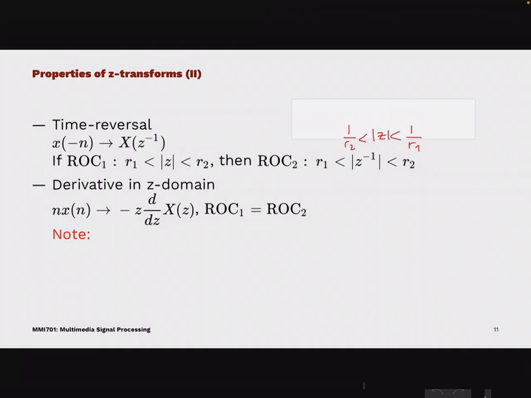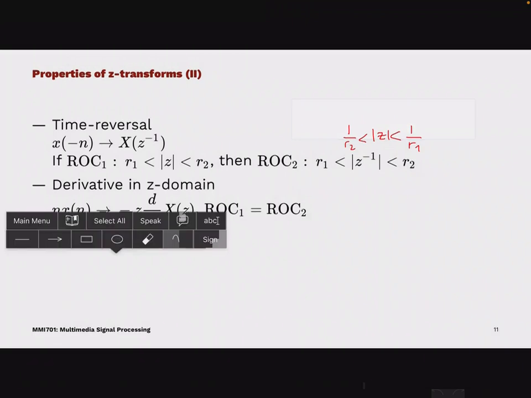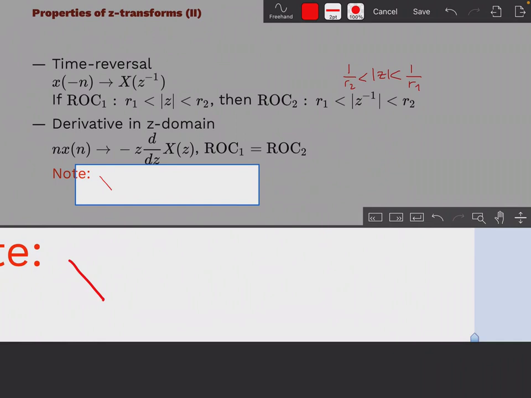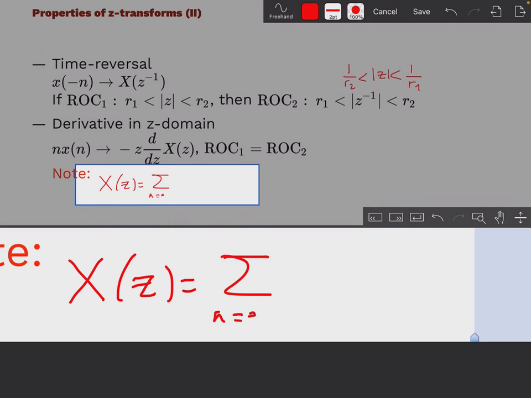So let's show how this works out. If you want to express the direct Z transform, X of z, let's write it down. As a matter of fact, it doesn't have to be n equals 0, it can be any n.